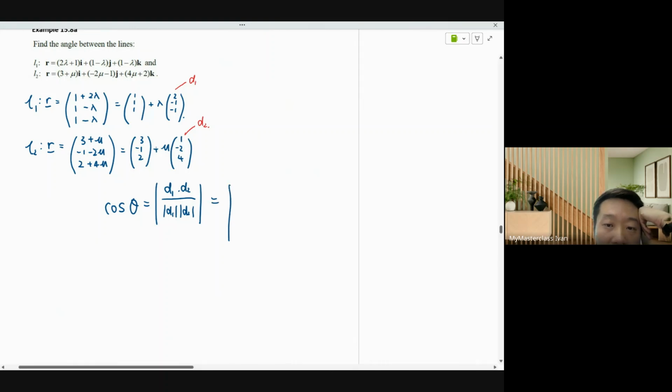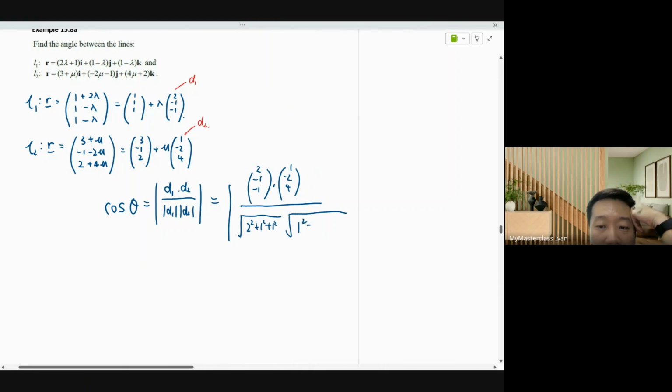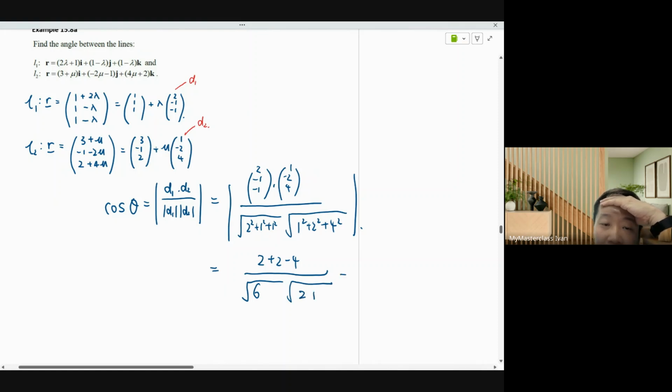So this is (2, minus 1, minus 1) dot (1, minus 2, 4) over square root of 2 square plus 1 square plus 1 square, and square root of 1 square plus 2 square plus 4 square. Dot the top: 2 plus 2 minus 4, that is 0. You realize it's 0. Anyway, the bottom doesn't matter, this is 0.